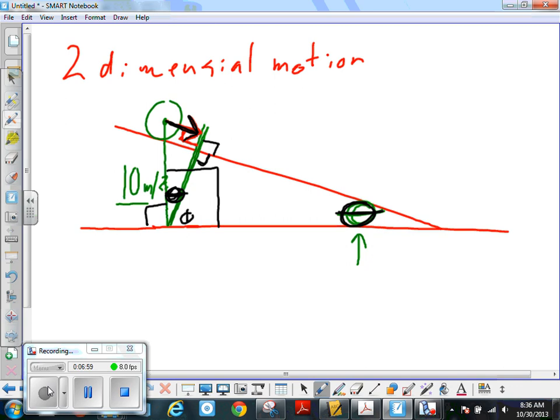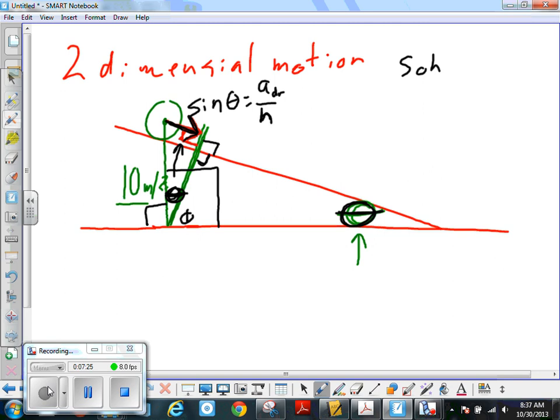So, which trigonometry function do we use to figure out that side? So, yes, sine is opposite over hypotenuse. This is opposite, right? So the sine of theta is equal to the acceleration down the ramp times the hypotenuse.